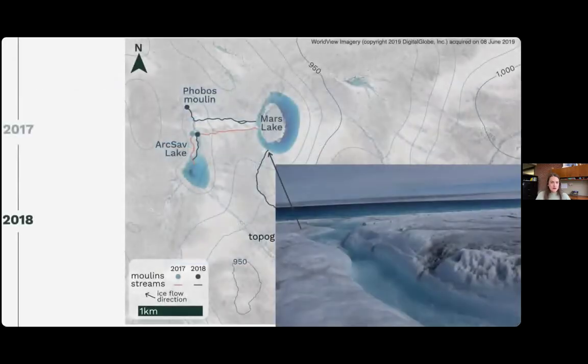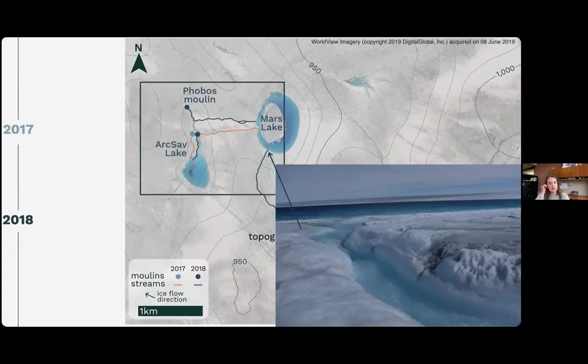Here's a photo of Radical River now emptying into Mars Lake, ultimately resulting in the diversion of the flow path and the reduction in our moulin density of the area, because there are so few to begin with. So now we're removing another one over a large area.